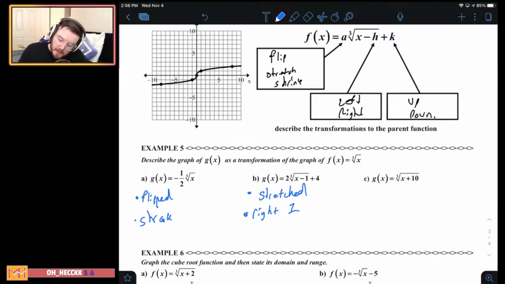And that plus 4 means up 4. No number out in front on C, so no stretch, no shrink, no flip. So, okay, I believe that. And then plus 10, it's under the root, so it's the opposite. Left 10.